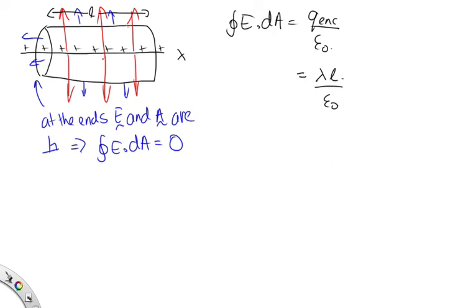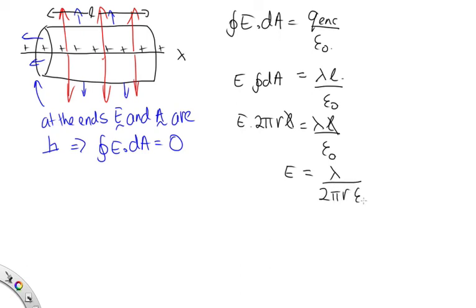So the electric field over that surface is constant, so we've got E times the integral of dA, and the total surface area of this part, if we lay it out, it's just a rectangle, so it's just the circumference times L. So we've got E times 2 pi RL is equal to lambda L over epsilon naught, cancelling off the L's, and we end up with our electric field is lambda over 2 pi R epsilon naught.